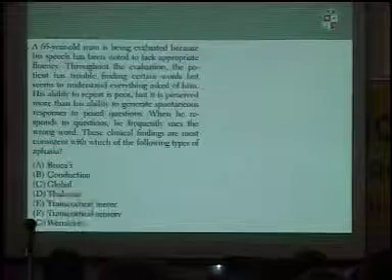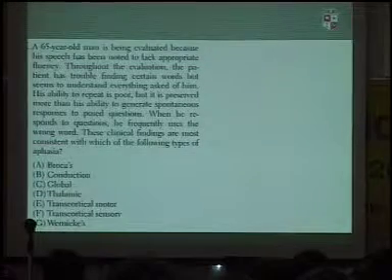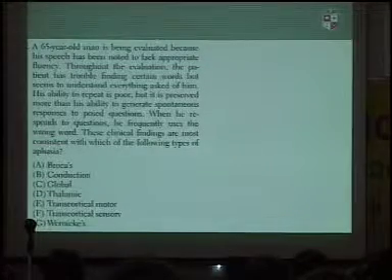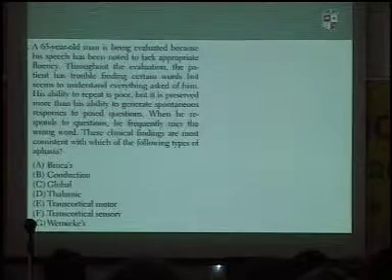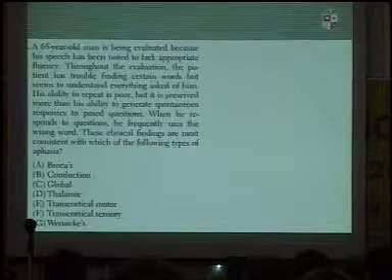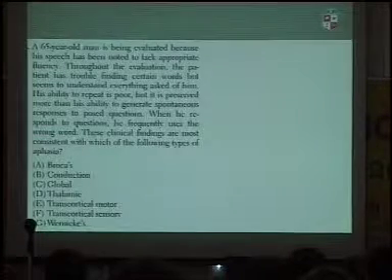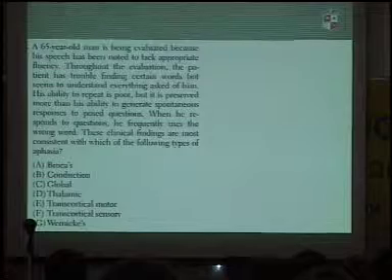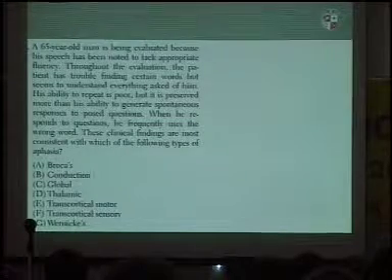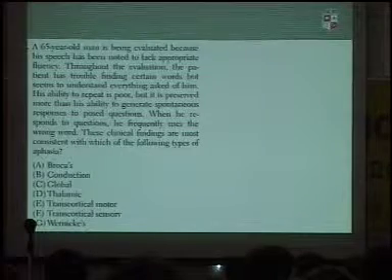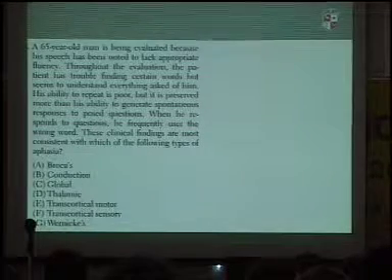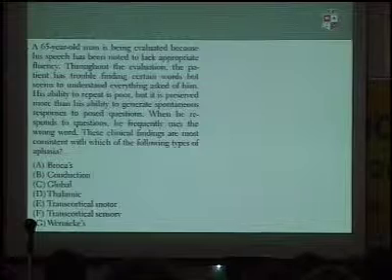Okay, I couldn't make this bigger. A 65-year-old man is being evaluated because his speech has been noted to lack appropriate fluency. Throughout the evaluation, the patient has trouble finding certain words, but seems to understand everything asked of him. His ability to repeat is poor, but is preserved better than his ability to generate spontaneous responses to posed questions.